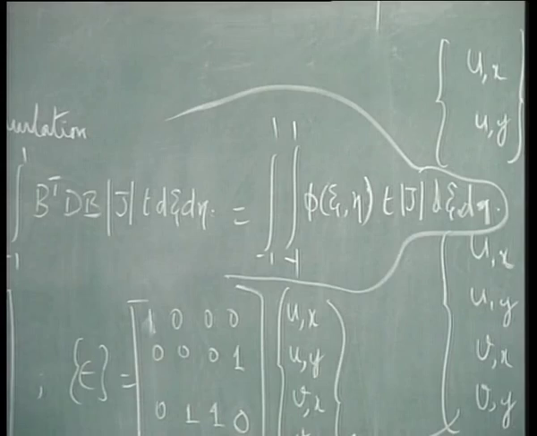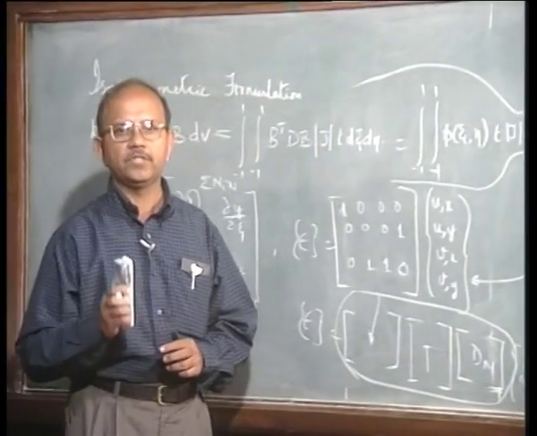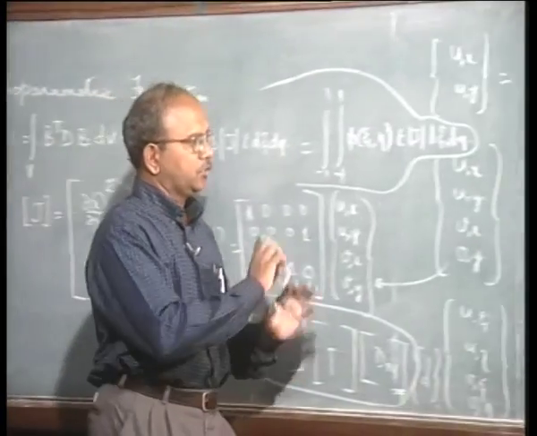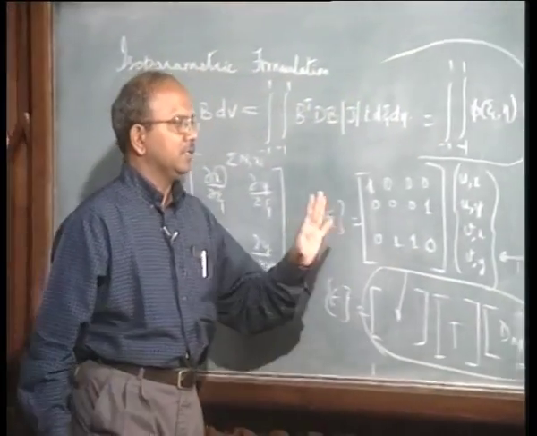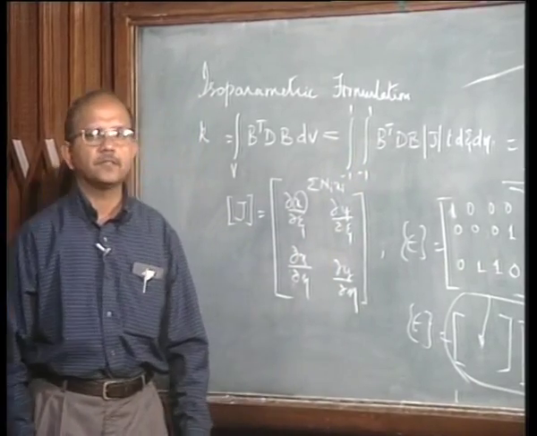So what is the advantage now? The advantage is that we can resort to what is called as numerical integration. We are going to see what numerical integration means. So I hope things are clear now. We are now in a position to calculate stiffness matrix.